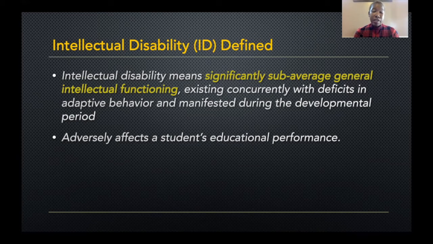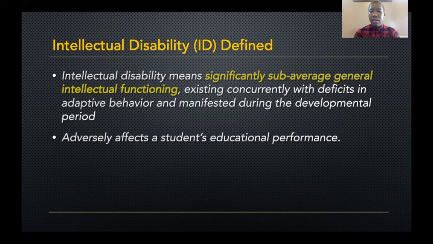with deficits in adaptive behavior, and it would manifest itself during the developmental period, meaning during your young years. Parents usually find this out during a student's developmental period pretty early on. Once the child is still developing, usually infant stage, by the time you're ready for school, you would have picked up on some of these, and probably an IQ test would be warranted, and we would be able to ascertain that this student has intellectual challenges.